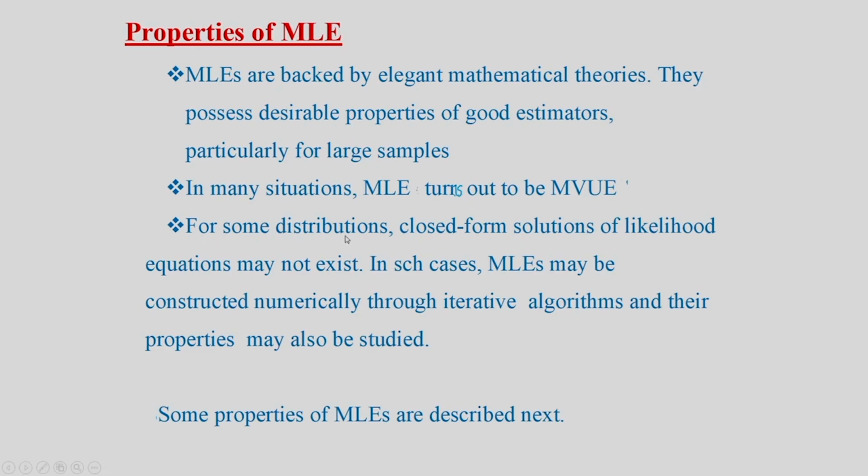For some distributions, closed form solutions of likelihood equations may not exist. In such cases, MLEs may be constructed numerically through iterative algorithms, and their properties may be studied. For example, we may determine the bias, variance, etc. Some properties of MLEs are described next.